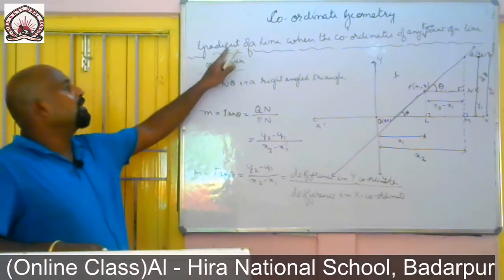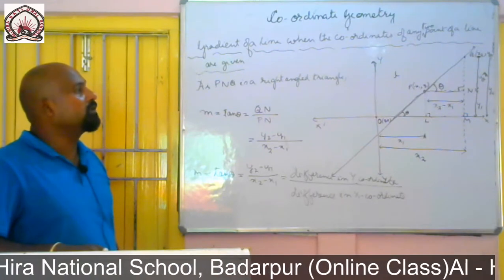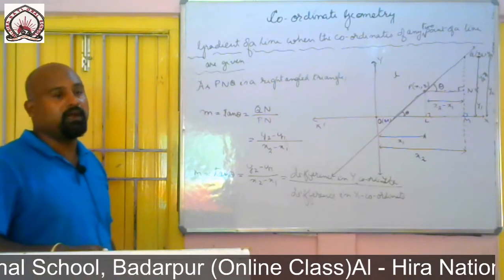This is about the gradient of a line when the coordinates of any 2 points of a line are given to us.